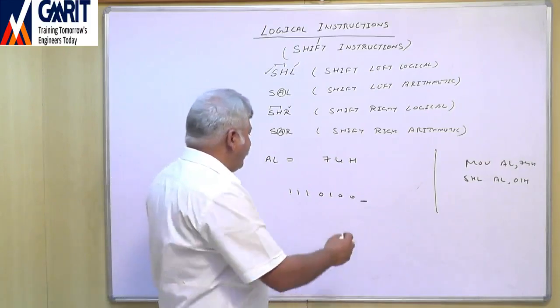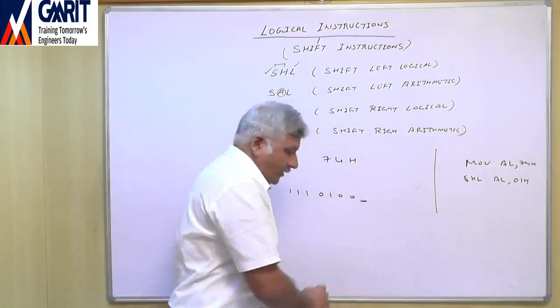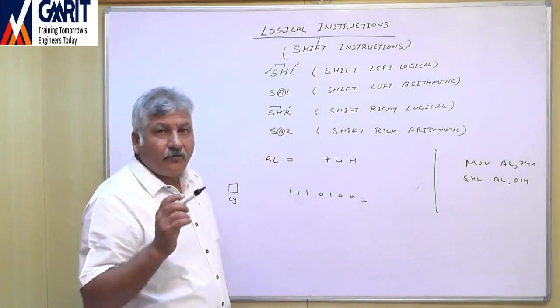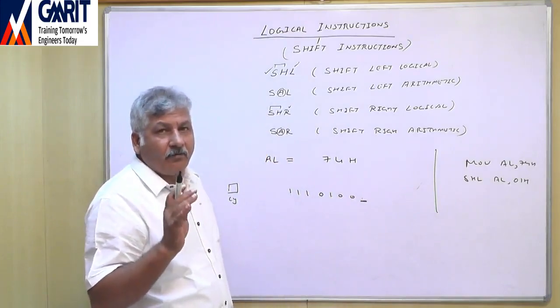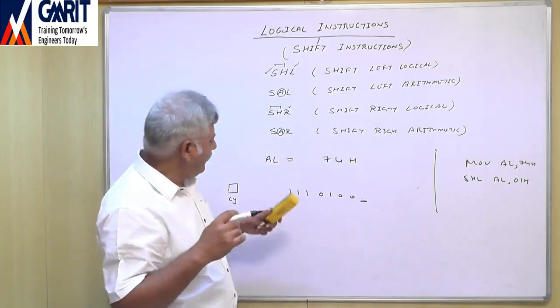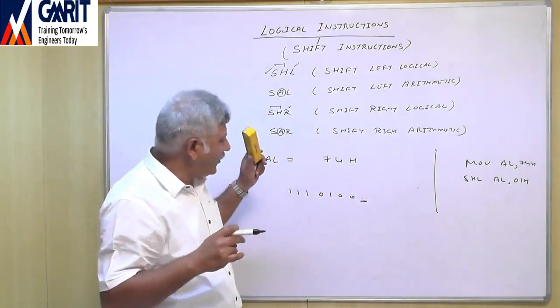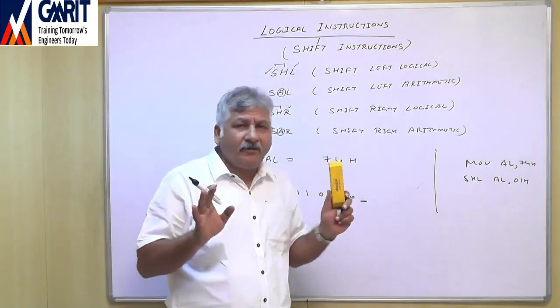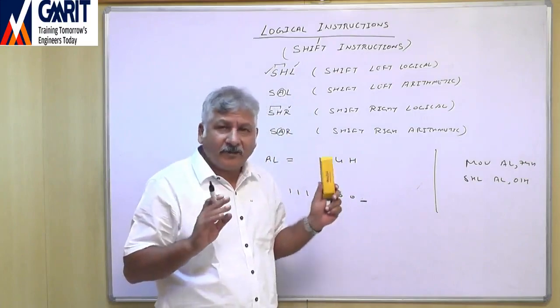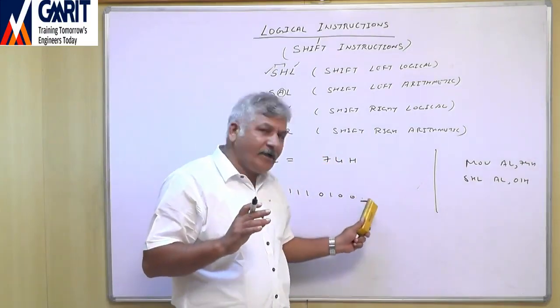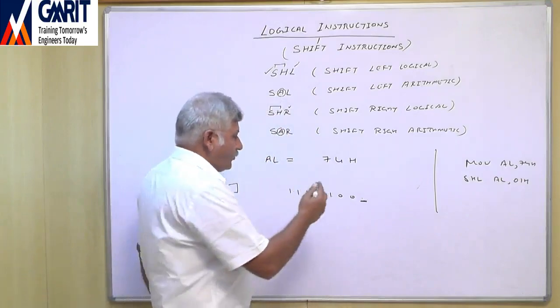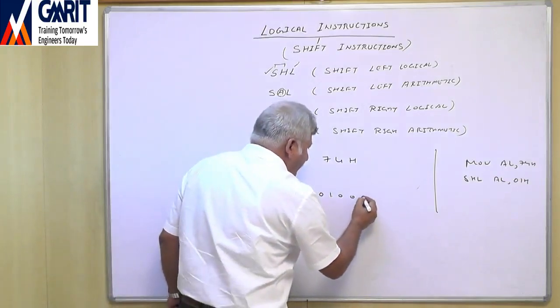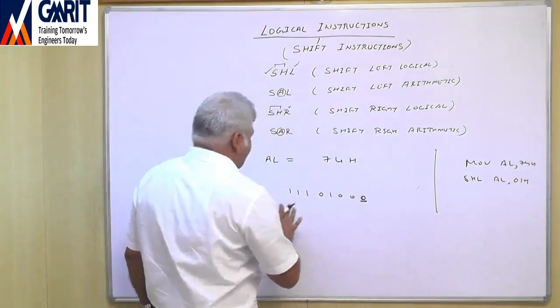So this vacant bit position will be filled by 0. Whatever was the MSB or whatever was the LSB, it does not matter in case of shift operation. It will always be filled by 0. So here we will place 0. So this is the answer.